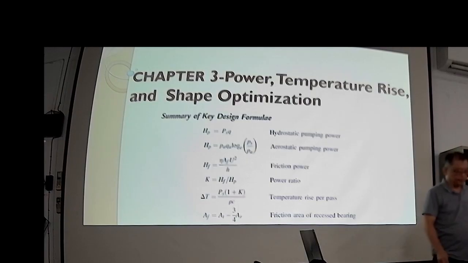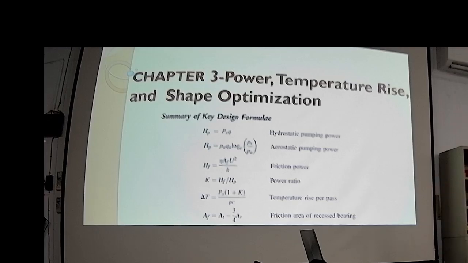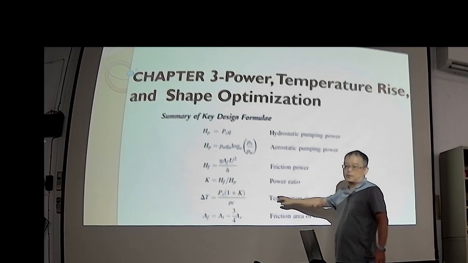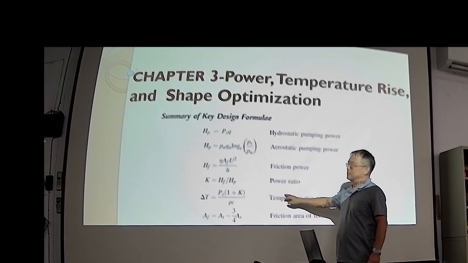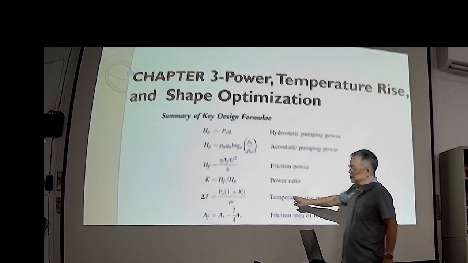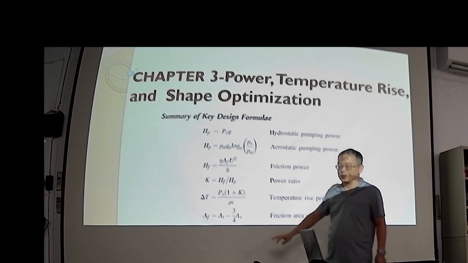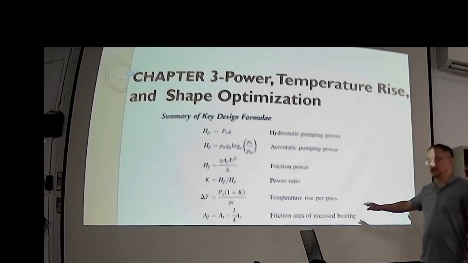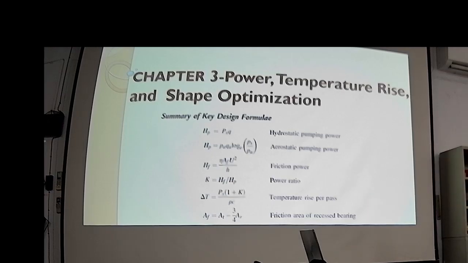Okay. So we also use the formula to calculate the temperature rise during the operation. We assume all the heat generation will be transferred into the oil loop, and then we can calculate the worst case scenario, the temperature rise in the oil loop. Okay. By ignoring the radiation and the conduction, so only considering the convection.